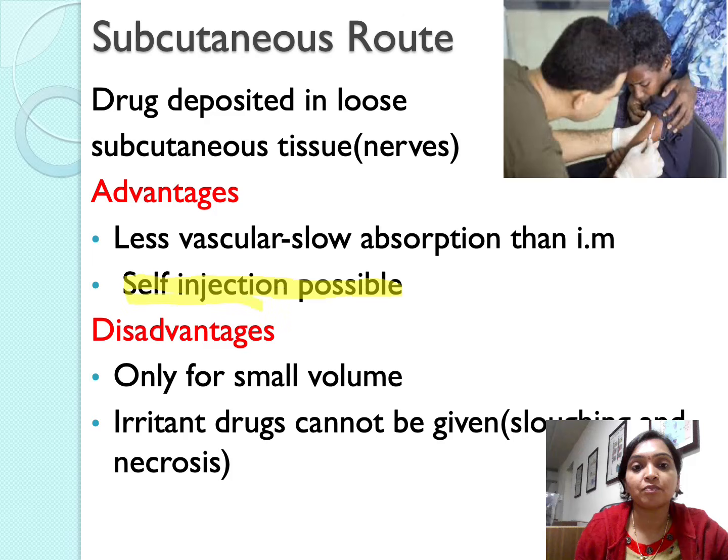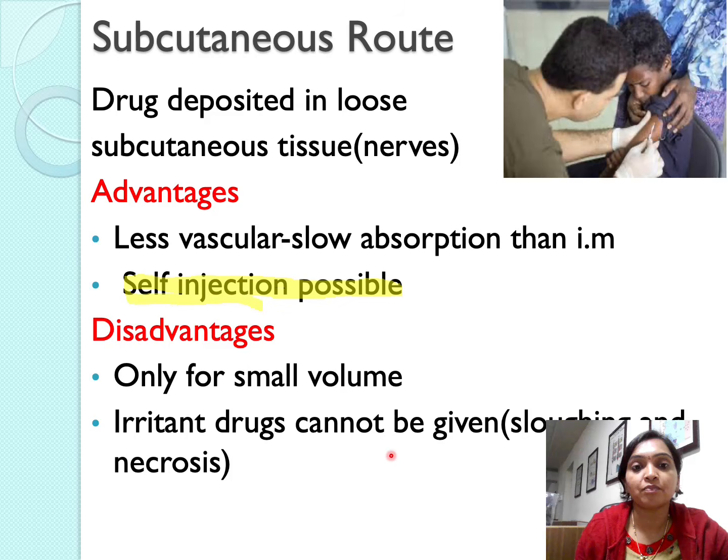This type of injection can be administered by the patients themselves. The most commonly given injection through this route is insulin. So it is very important to remember. And the disadvantage of this route is you can only give a small amount of drug, and irritation can occur when you administer the drug.